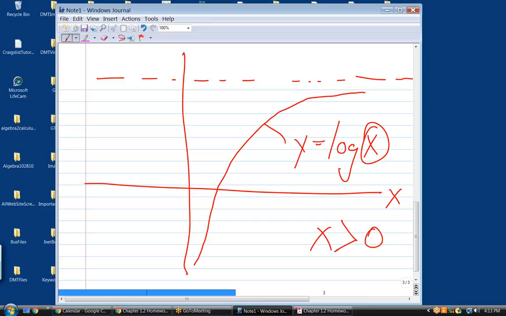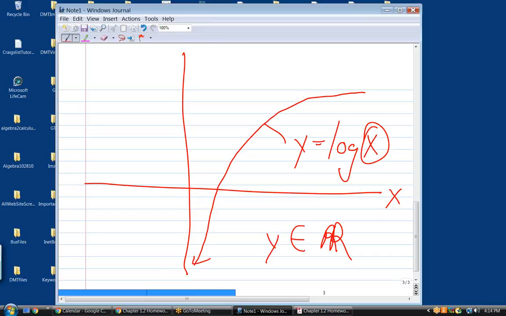So this function here, x can go from 0 to infinity, but the important part is what the range of this thing is. There is no horizontal asymptote. So the range is y is a member of all reals. It can go from negative infinity, and it eventually goes to positive infinity.